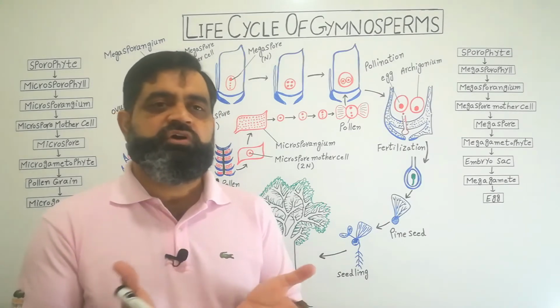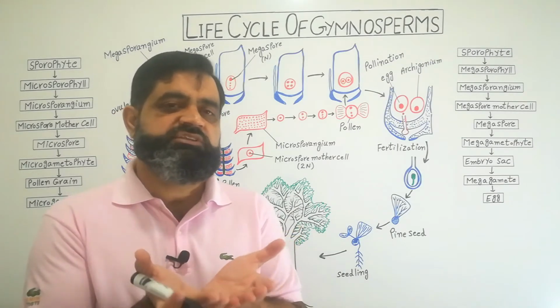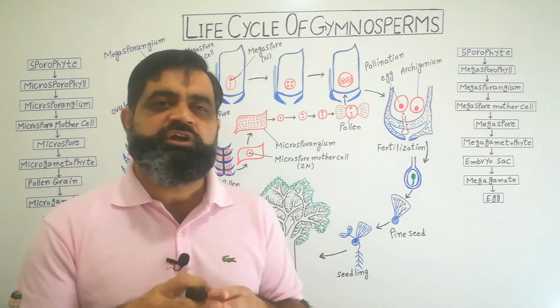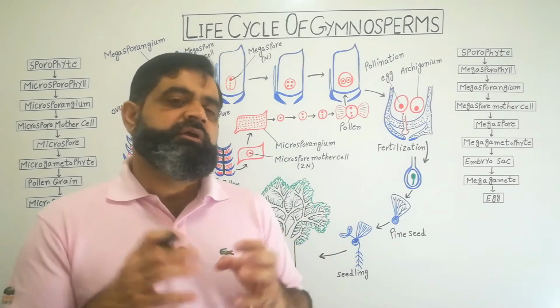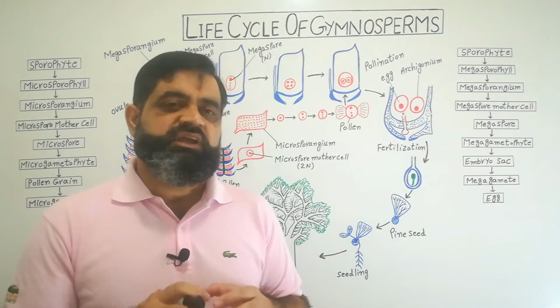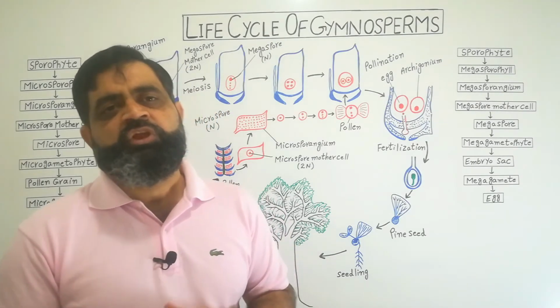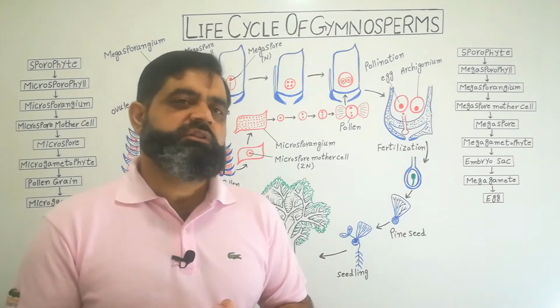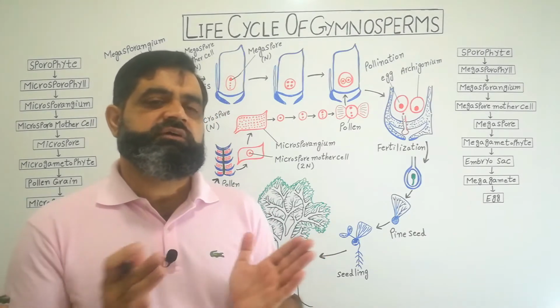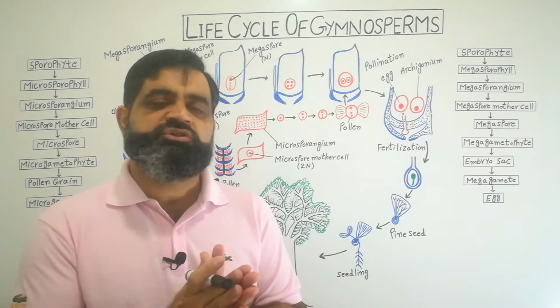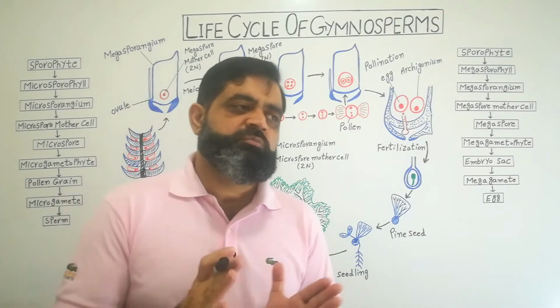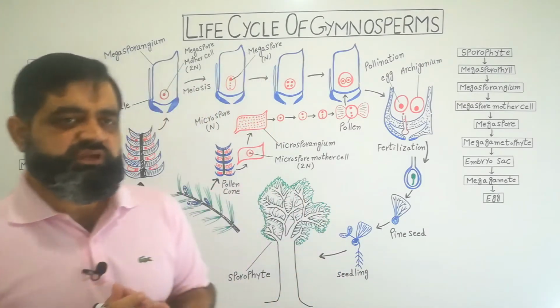When snow falls on the leaves, if the leaf is flat, a lot of snow will accumulate on the branches and the branches can be broken down. There are also other options which they have, but we will discuss those options in another lecture. So my focus is on the life cycle.